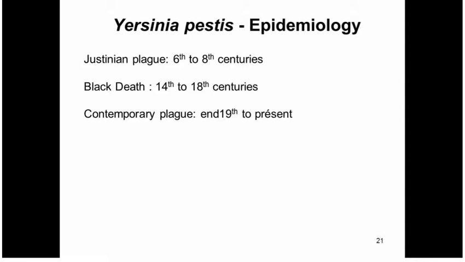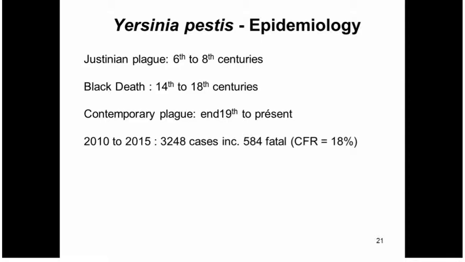And then contemporary plague, because it still exists, seems to have emerged again in the 19th century, and there's still outbreaks up to the present day. So from 2010 to 2015, about 3,000 cases worldwide and about 600 deaths. So here the case fatality ratio, CFR, is 18%. In the modern world, when people are getting treated by antibiotics. So this CFR is lower than in the historical outbreaks.